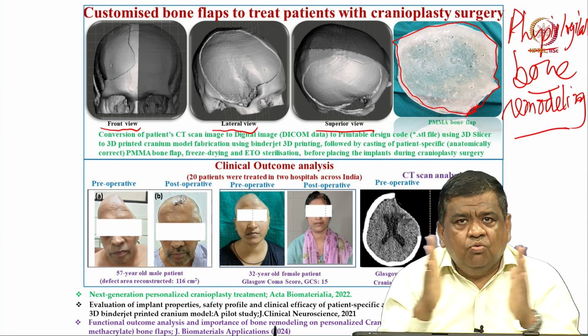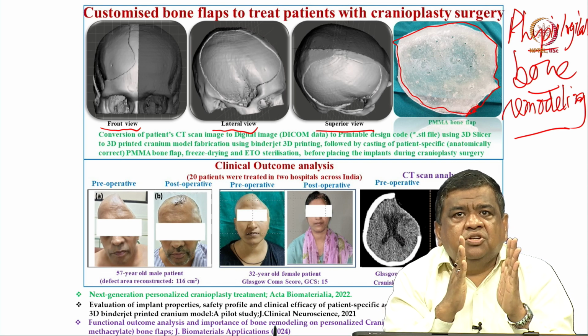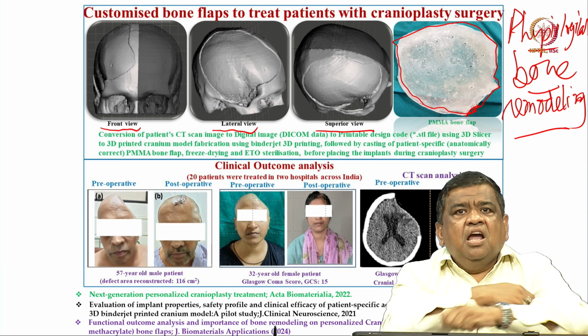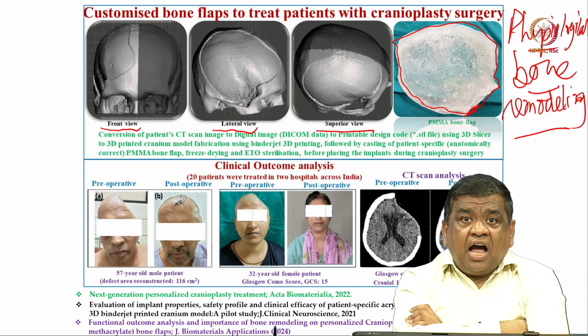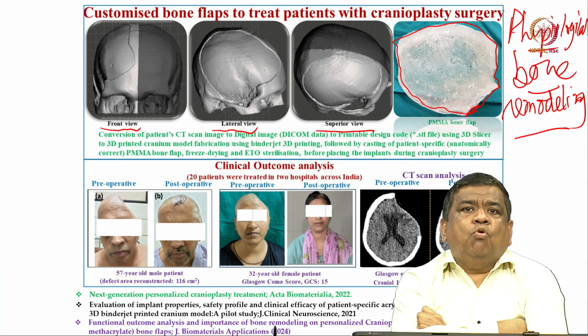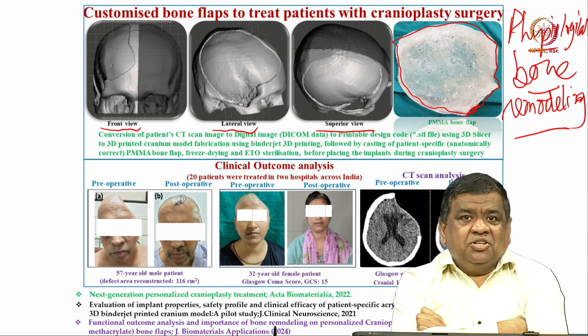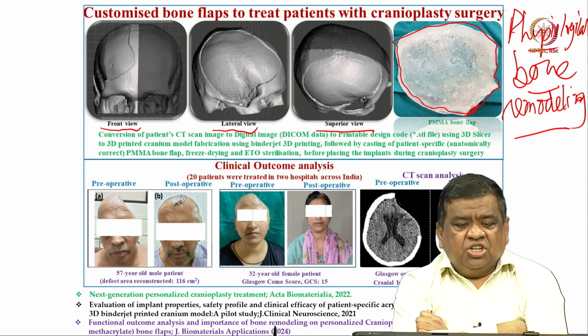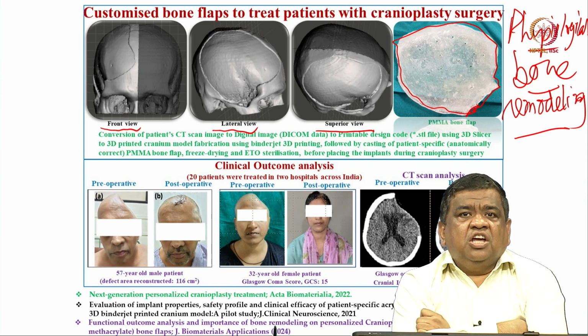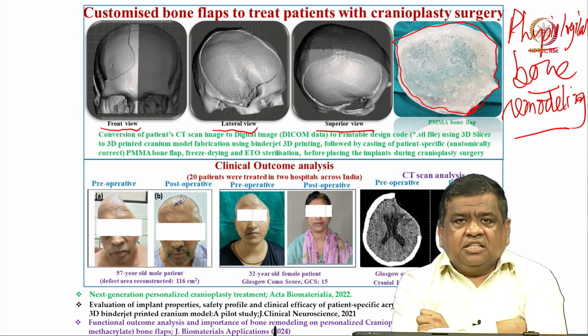You understand, in these two time gaps physiological bone remodeling takes place, and therefore the design for such defects is even more challenging, right. So, for younger patients and those with a large gap between the decompressive craniectomy and cranioplasty surgery, the designing stage needs more careful attention, so that the physiological bone remodeling aspect can be considered very carefully.